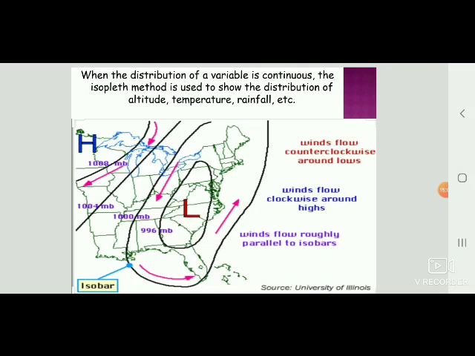Values of the variables are written on the map at their respective locations. If the data for more places is available, mapping of the distribution can be done more accurately.